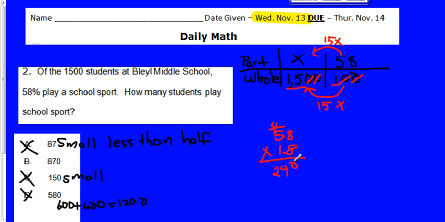Scratch, scratch, lay my egg. 1 times 8 is 8. 1 times 5 is 5. Need to go ahead and add that up. 0, then 9 plus 8 is 17. Carry the 1, and 5 plus 1 plus 1 is 7, 8 gives me 870. So that matches B perfectly, and that's how you go about doing it. But with process of elimination, I could have gotten out of doing all of that work. Think smarter, not harder.